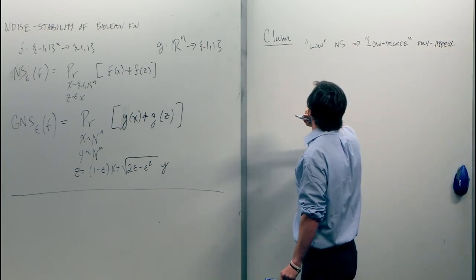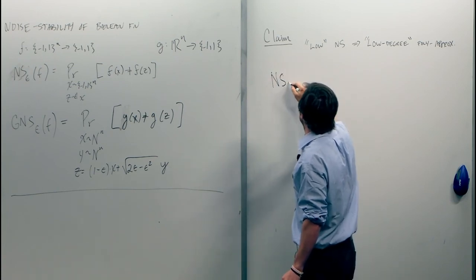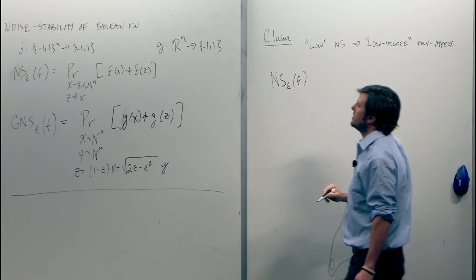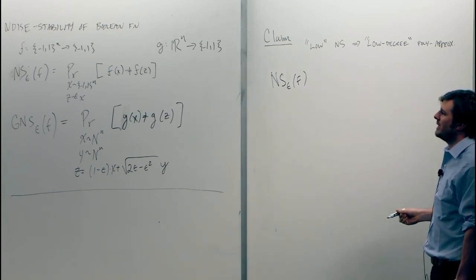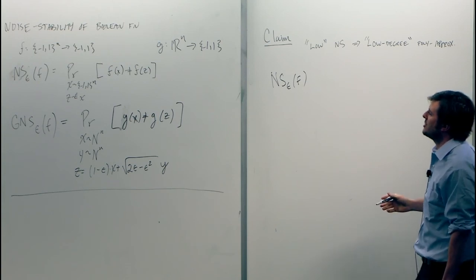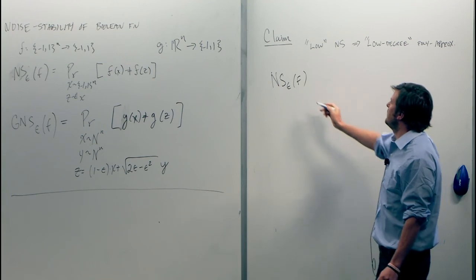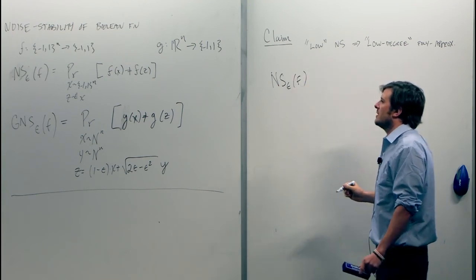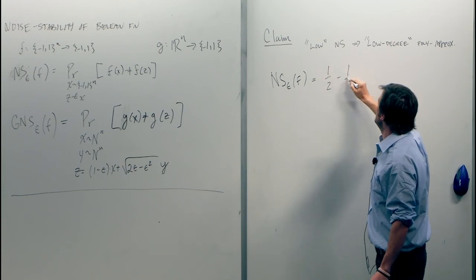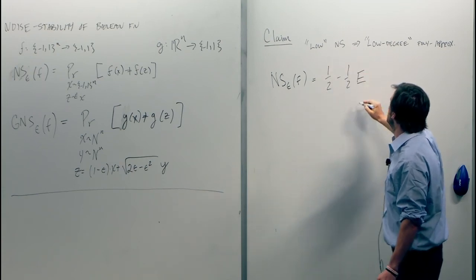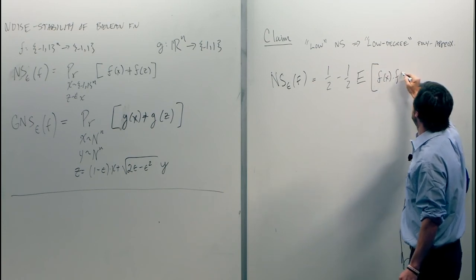So what's the relationship between the noise stability of a function and a polynomial approximator for that function? I want to show the relationship between the coefficients of a function f and its noise stability. This is 1/2 minus 1/2 expectation of f of x times f of z.